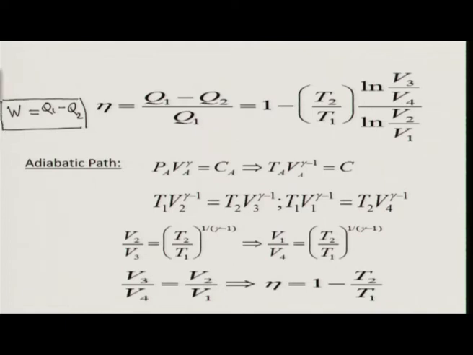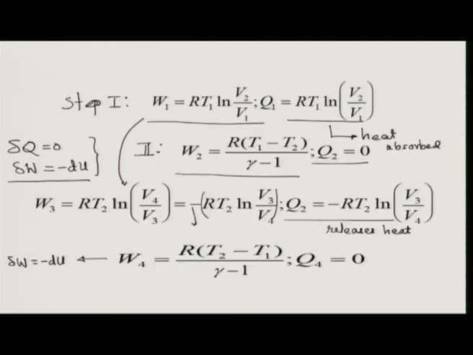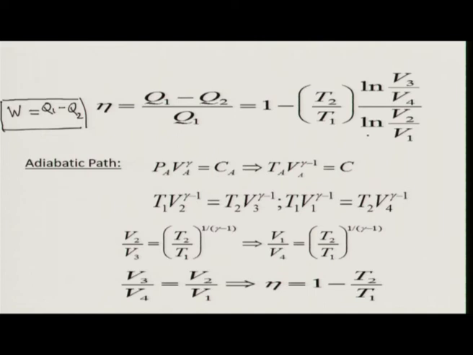All I have, eta is equal to Q1 minus Q2 by Q1, which is equal to 1 minus T2 by T1 log of this and log of this. How do I get this? I simply get this using this expression and this expression. Once I use these two expressions, I immediately get this result.